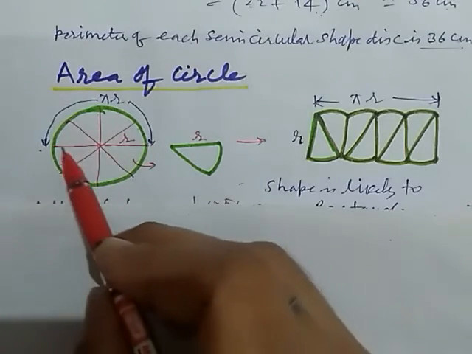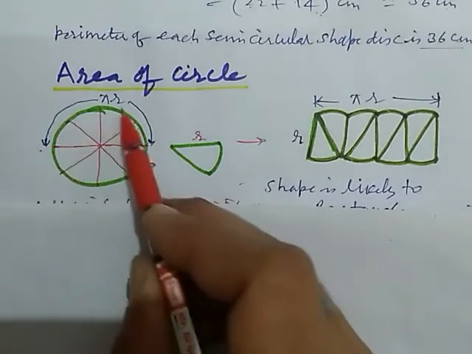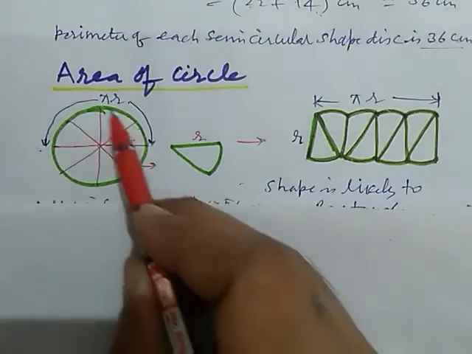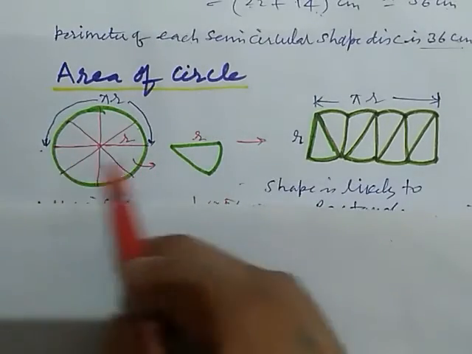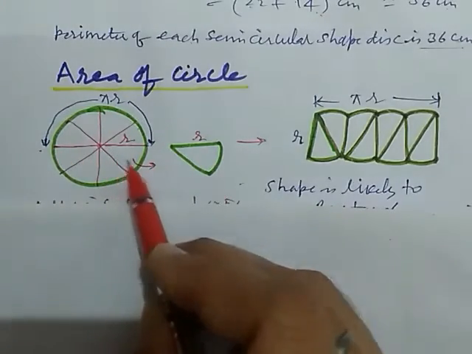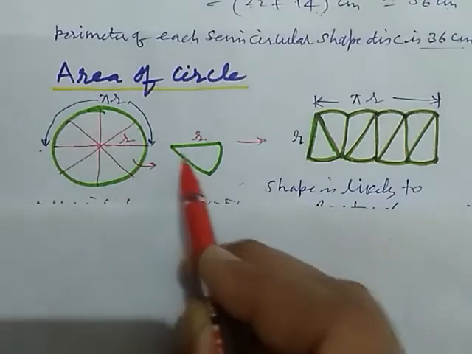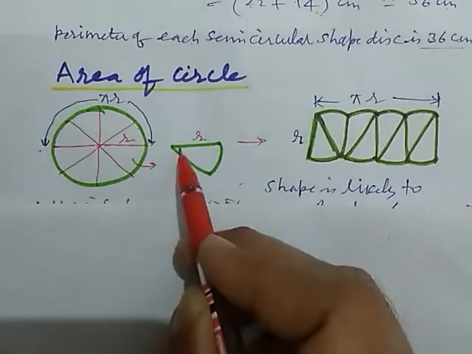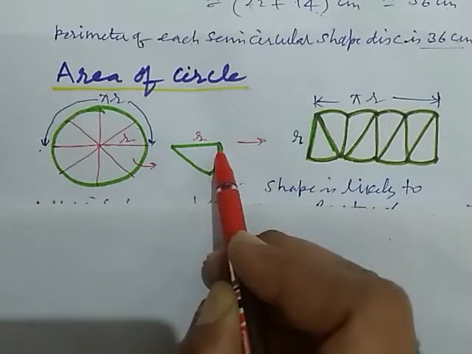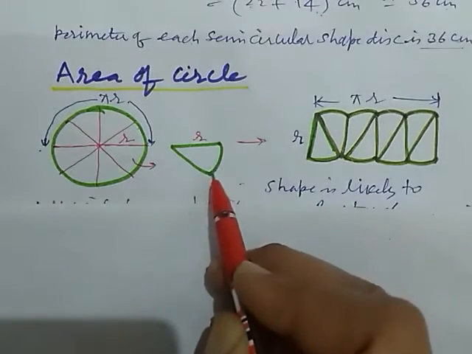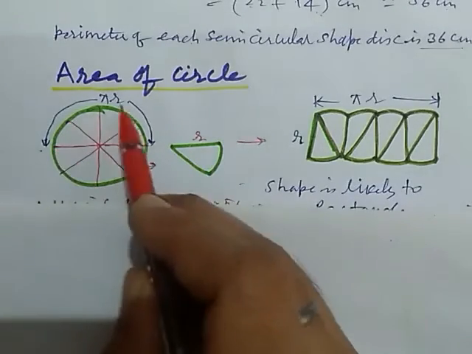Half of the parts make pi r, and the other half also makes pi r. Here, when we remove this one part, it looks like this. R is the radius from here to here.